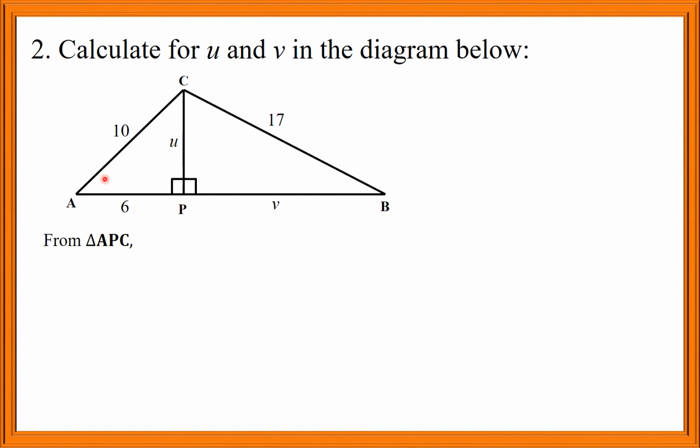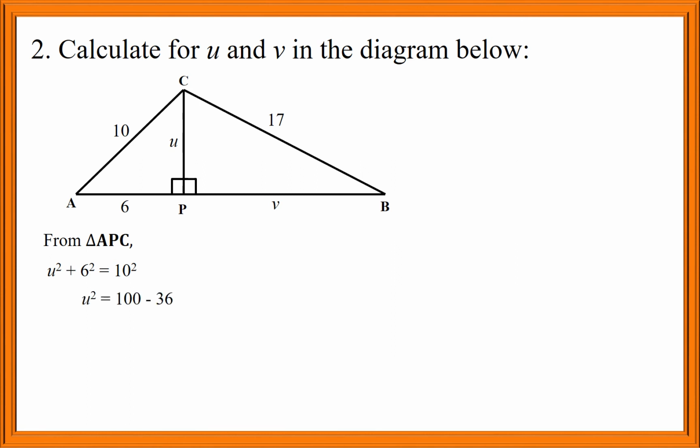the 10 here becomes our hypotenuse, then the other two sides will be u and 6. So from triangle APC, u squared plus 6 squared should be equal to 10 squared.